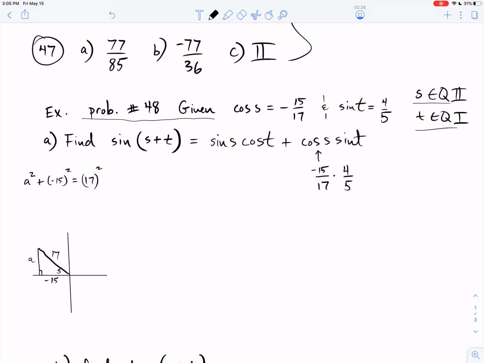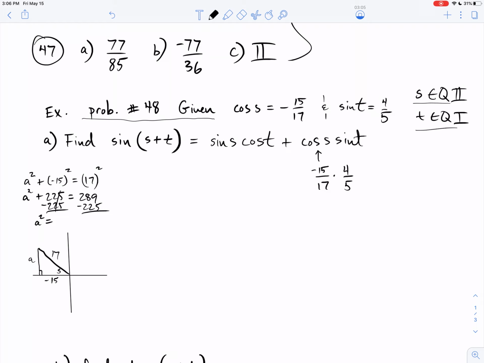And let's see, I did this earlier on my calculator because some numbers I just don't have stuck in my head. Negative 15 squared is 225. 17 squared was 289. A squared equals whatever 289 minus 225 is.